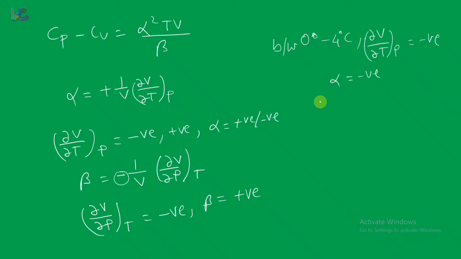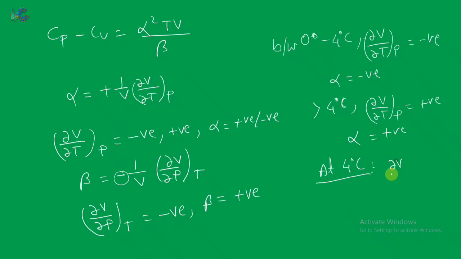Beyond 4 degree centigrade, this quantity, the change of volume with respect to temperature at constant pressure, is positive. That means alpha is positive beyond 4 degree centigrade. But at 4 degree centigrade, this is a special condition. At 4 degree centigrade, what happens?